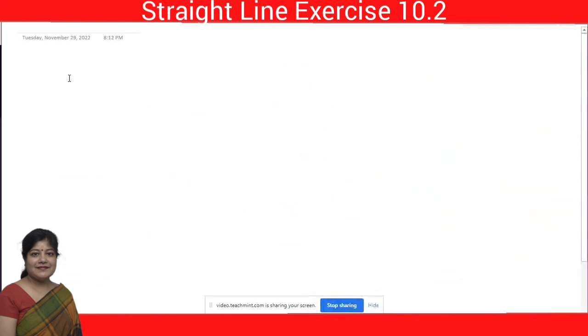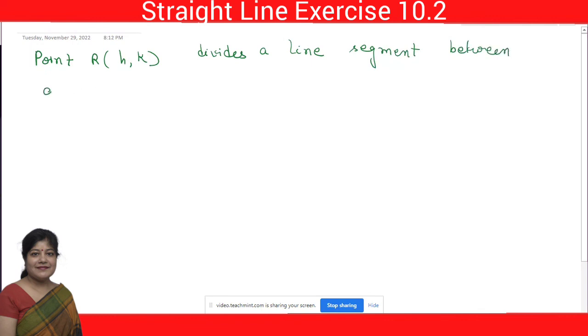Now this question is based on the section formula.